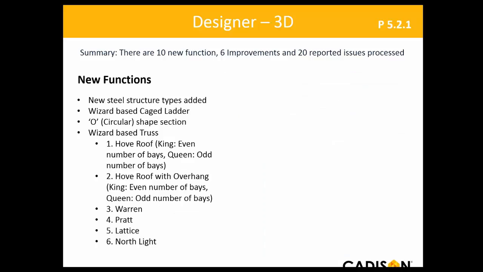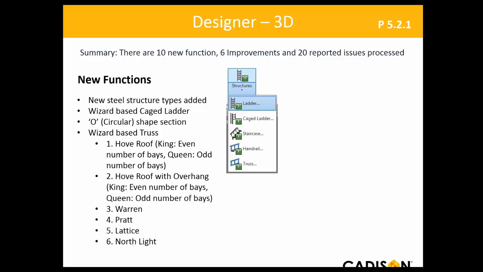The next point we want to have a look at is the question of the style layout. Here in the style layout we now have 2 new functions. That is a caged ladder that was missing before, and that was some trusses.